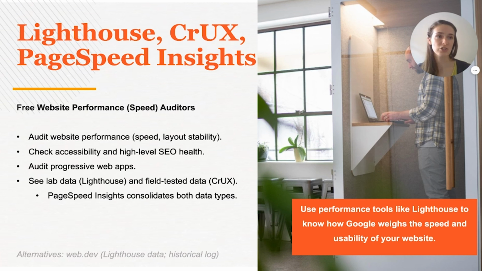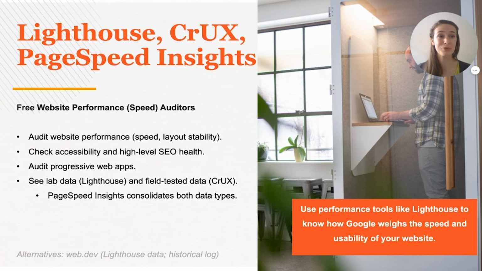So in addition to speed and stability, you can also look at a few other metrics such as your accessibility score and high-level SEO health rating. However, these tools are not really very in-depth when it comes to measuring those types of things. So we do recommend adding additional tools if you're looking into accessibility and SEO health.